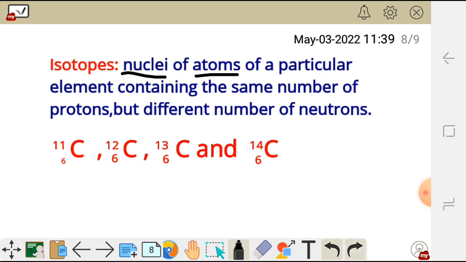What they're trying to say here is that we have atoms of the same element, which have the same number of protons but a different number of neutrons.